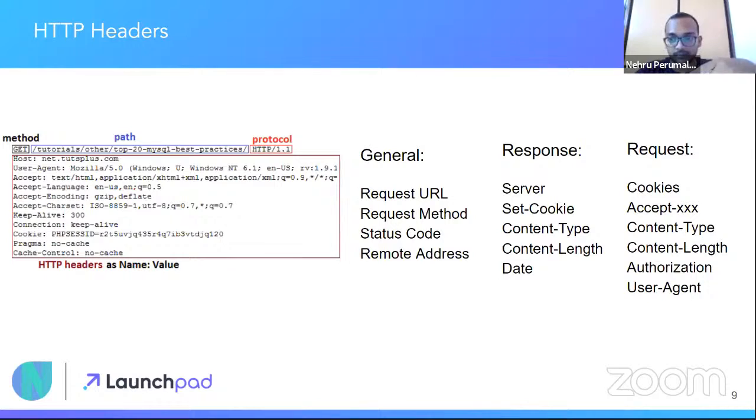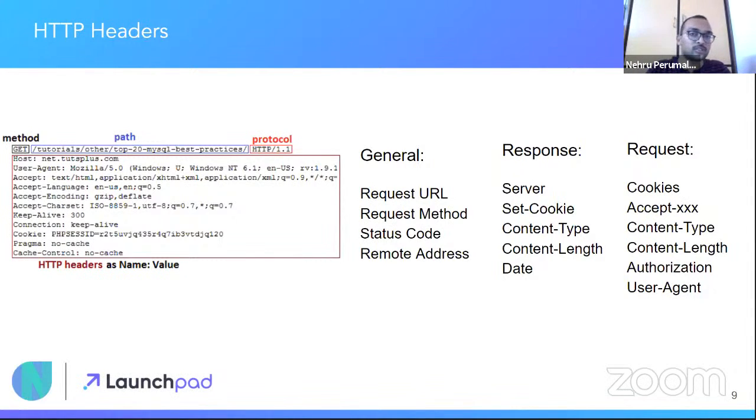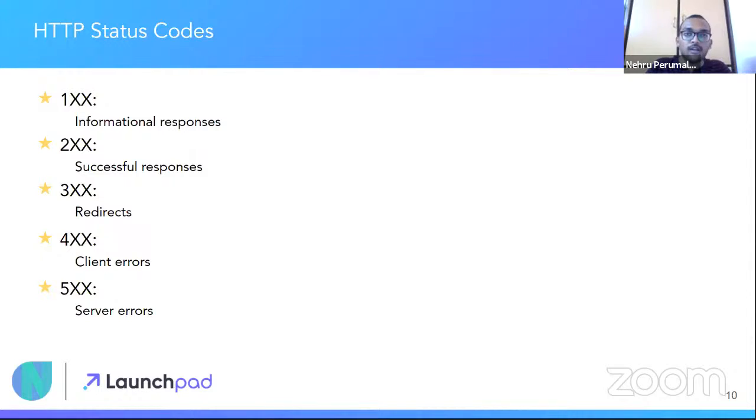It also mentions the length. If there is any authorization, like JWT tokens and all these things, that will come under authorization. So that is all about HTTP headers in different scenarios: general ones common to both request and response, and other attributes specific to the response or to the request. Now we'll talk about HTTP status codes.